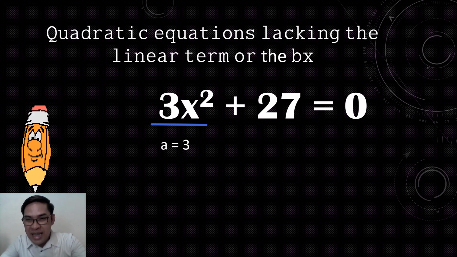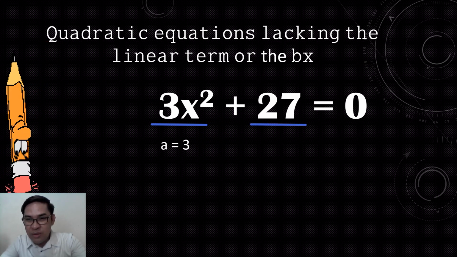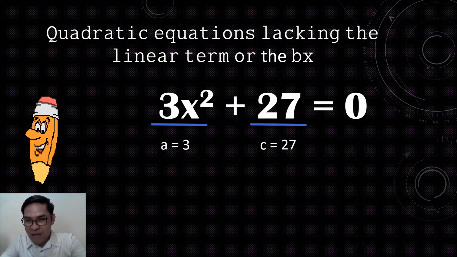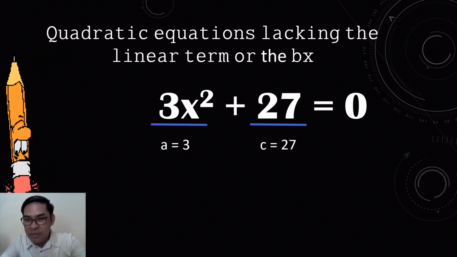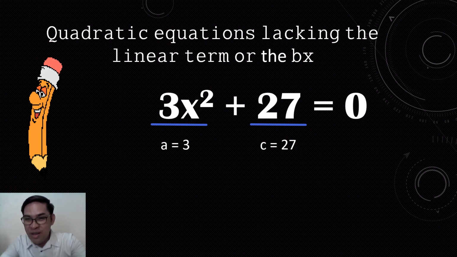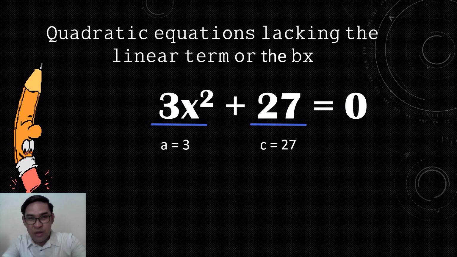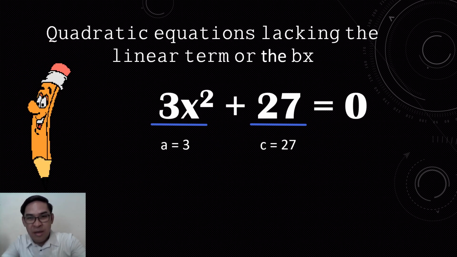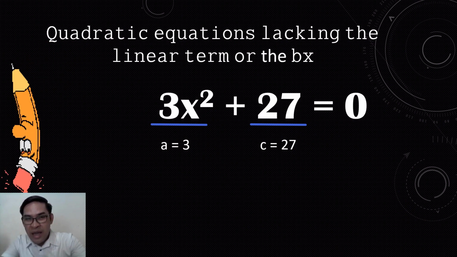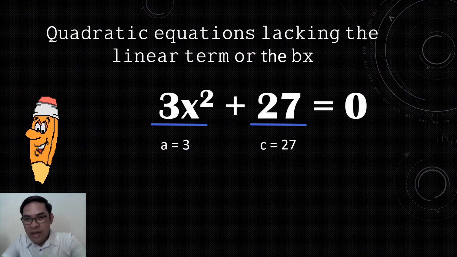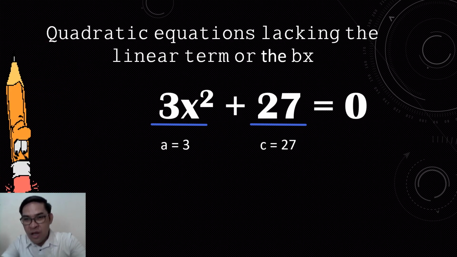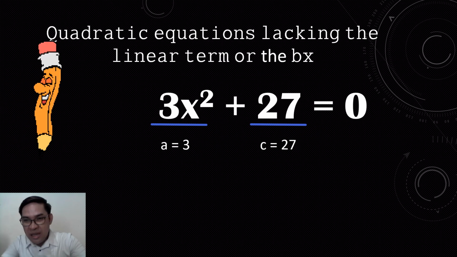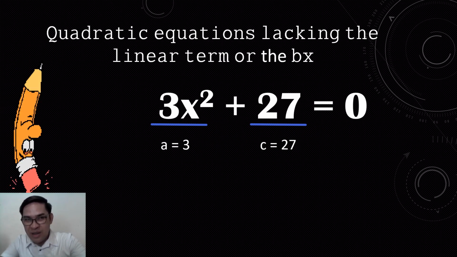How about c? c is equal to 27. How about b? b is equal to 0. So definitely b is equal to 0. As far as we know, when a quadratic equation is lacking the linear term, automatically b is equal to 0.